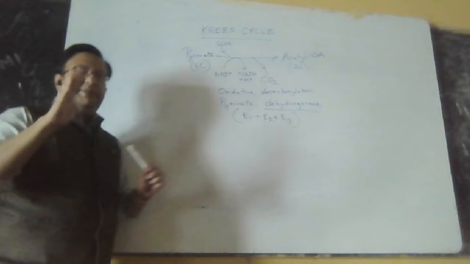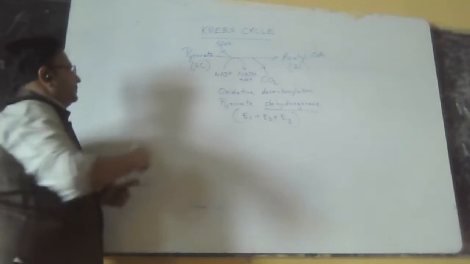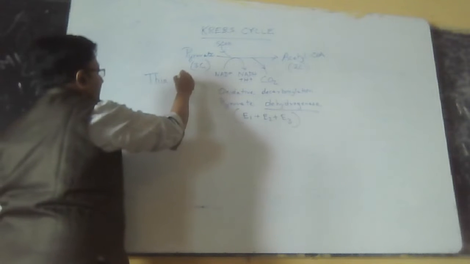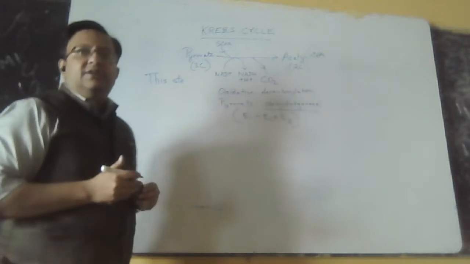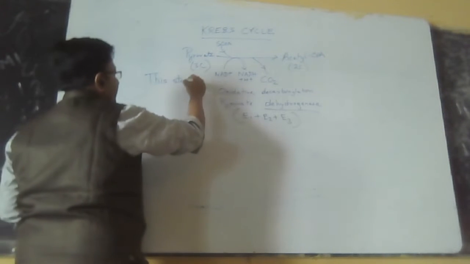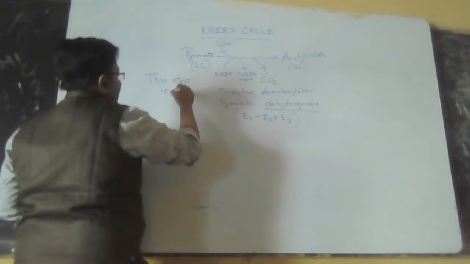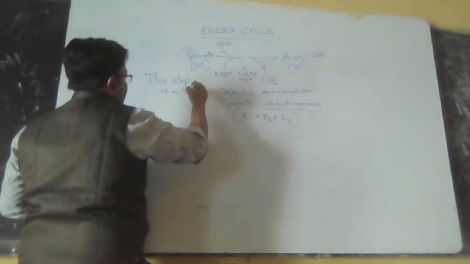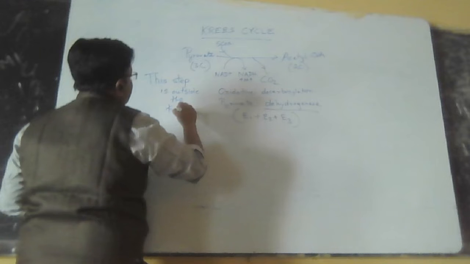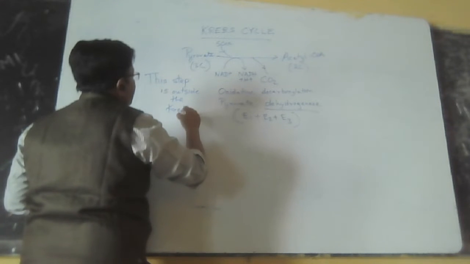This step is outside the Krebs cycle. Acetyl coenzyme A carrier. Outside the Krebs cycle.